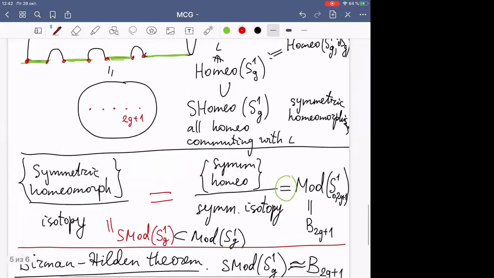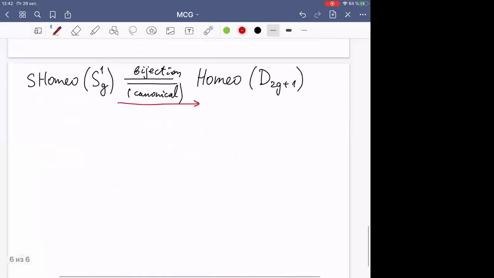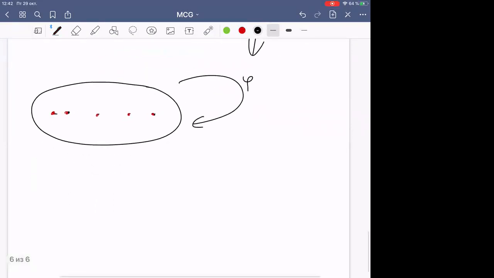But now look, suppose that we have a homeomorphism downstairs. We have a homeomorphism of this disk onto itself, which preserves the punctures setwise. Let us try to lift this homeomorphism upstairs.